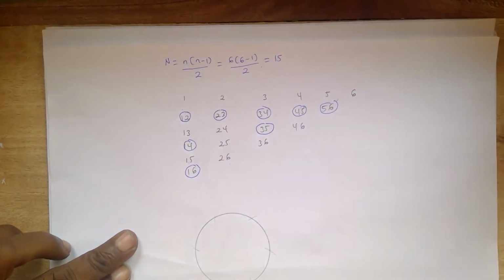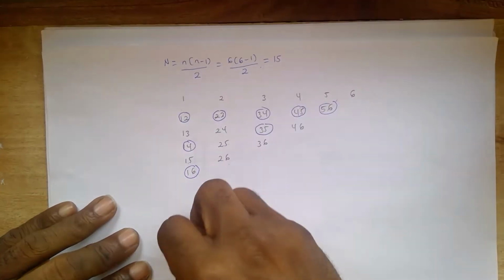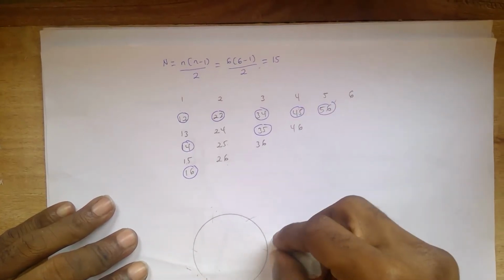So I have 1, 2, 3, 4, 5, 6. That's because we have 6 links. Let's take note of that.